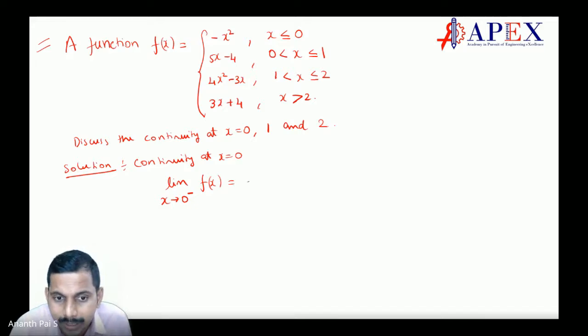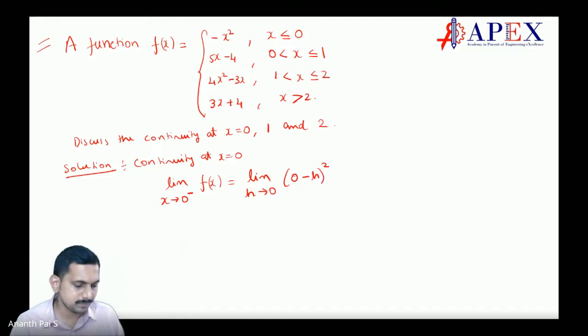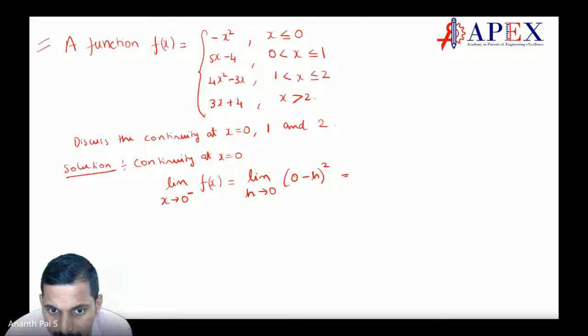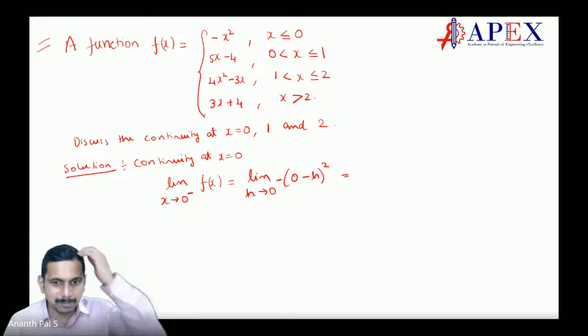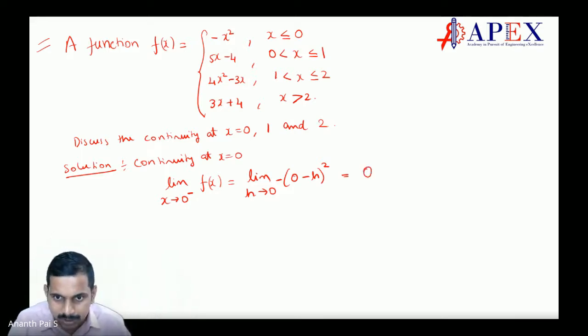So limit h tending to 0 of minus (0 minus h) the whole square. What will you get? You will get 0 only.